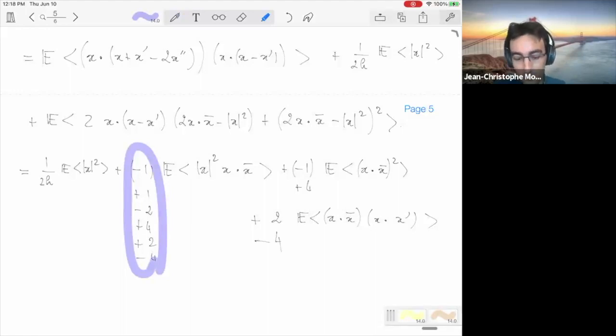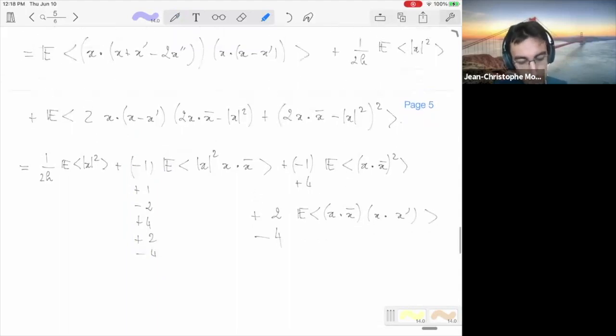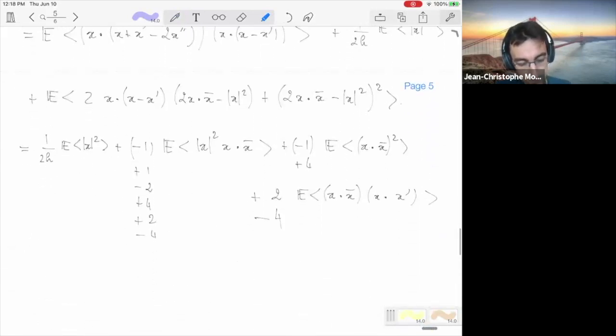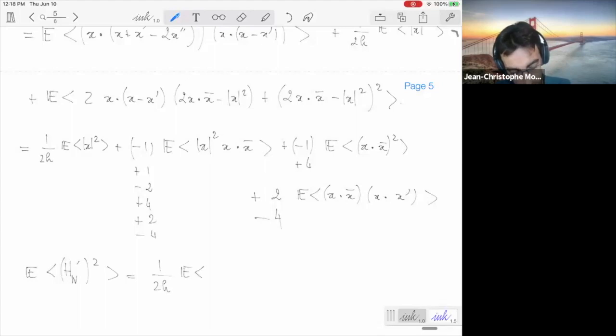And then we have only the 2 guys left over. Okay, so let me rewrite this. We have found that expectation of Hn prime squared is 1/2h expectation of x squared. This is my spurious little guy, which I just carry around.